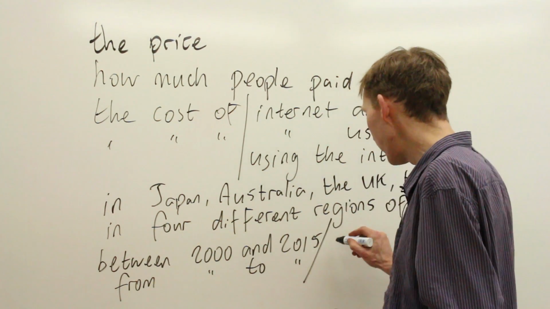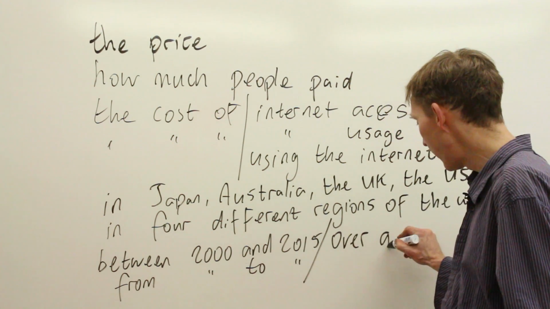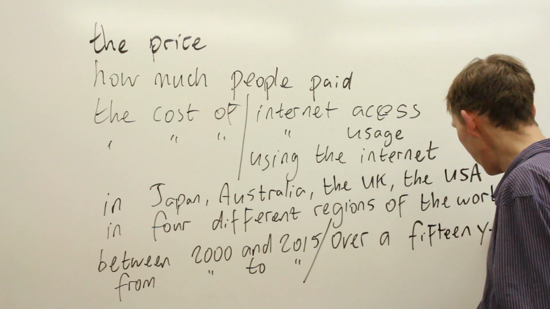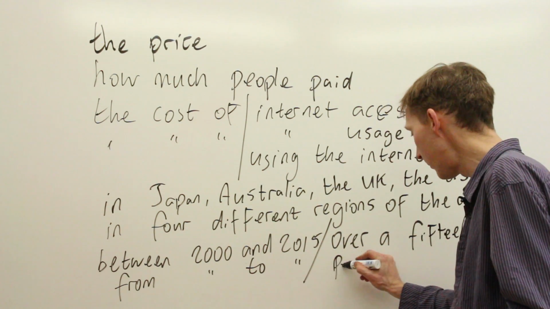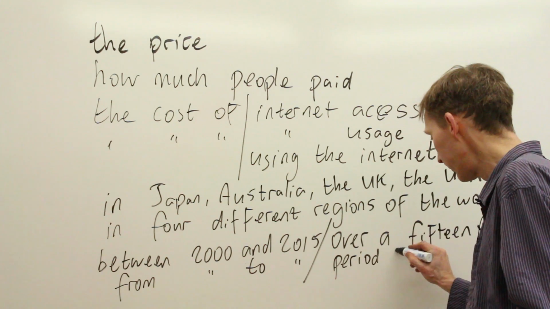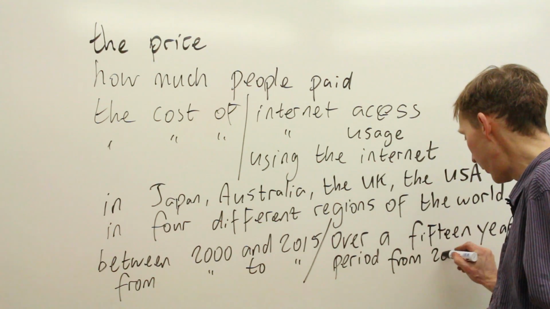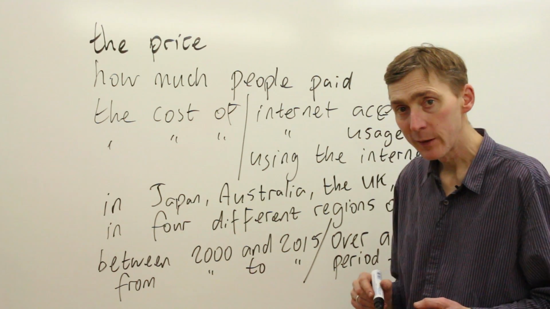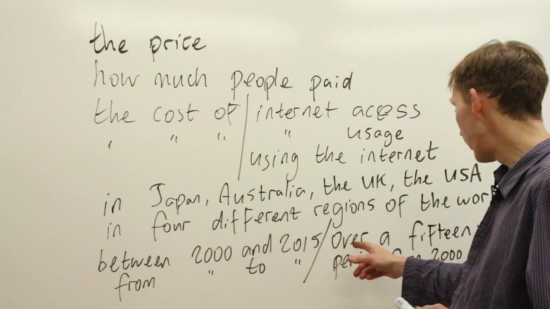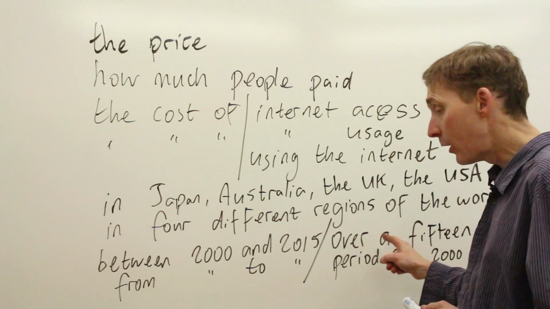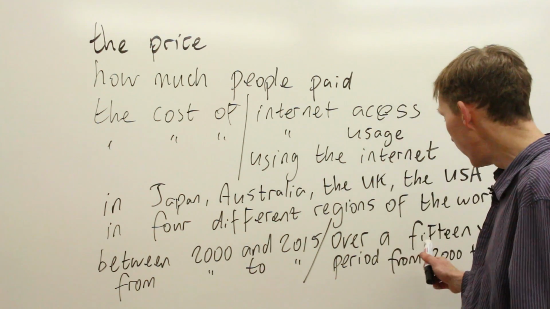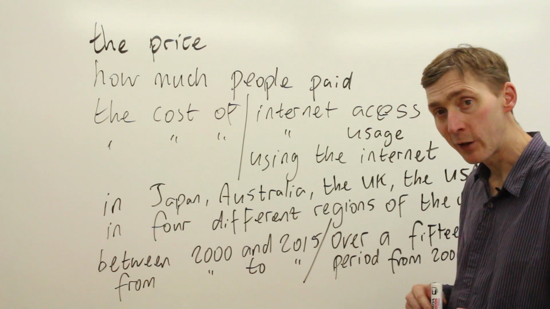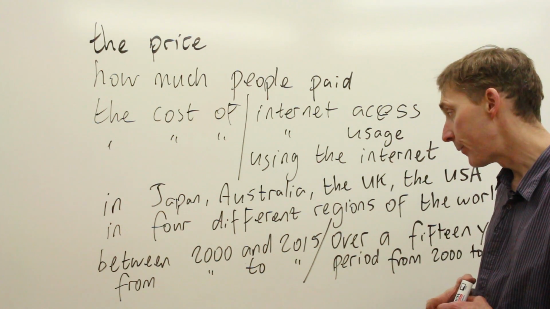We could also talk about over a 15-year period from 2000 to 2015. There we go. So that's 1, 2, 3, 4, 5, 6, 7, 8. So that's 9 words. You have to write 150 words. You got 9 words just from the paraphrasing the time expression there.